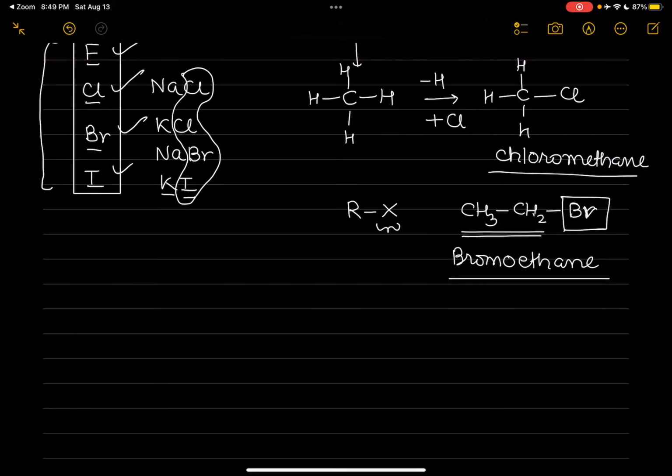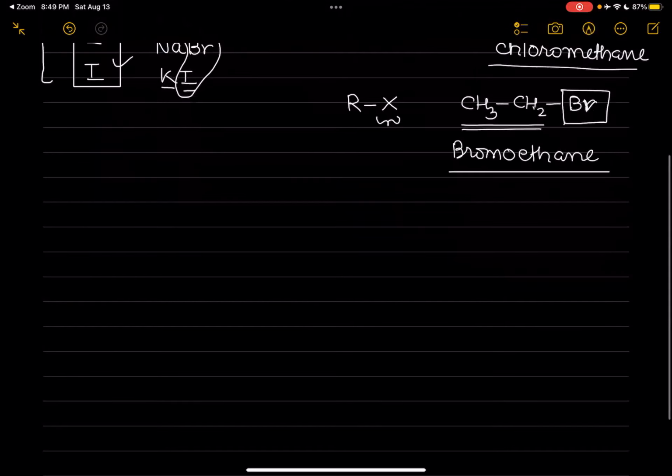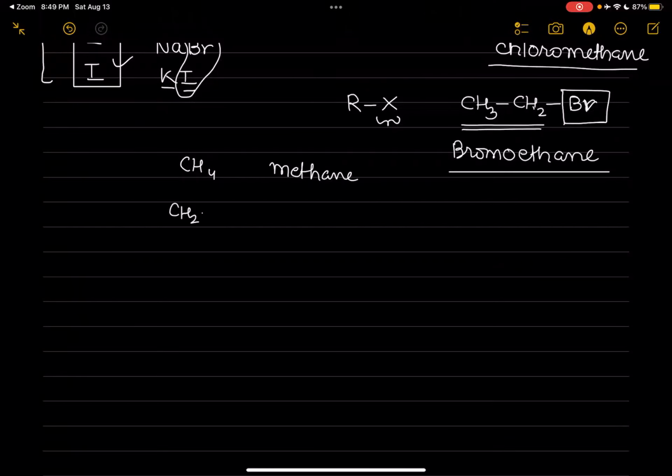Clear? Yes. So similarly, you need to remember the word root. Okay, so for example, if you have only one carbon atom, this is methane. If you have two carbon atoms, always remember that carbon makes four bonds.